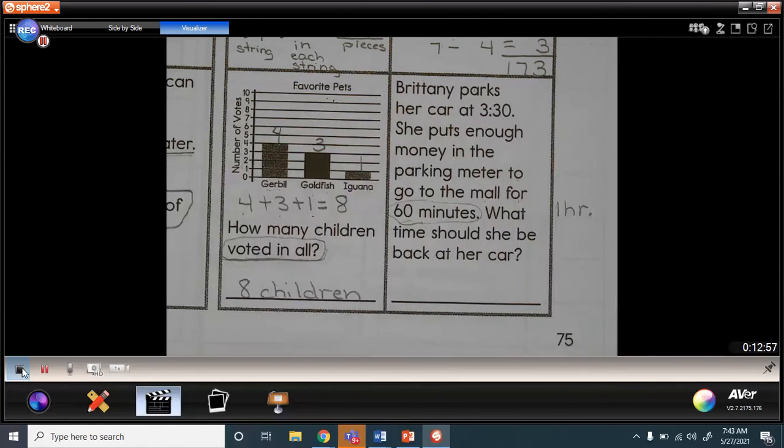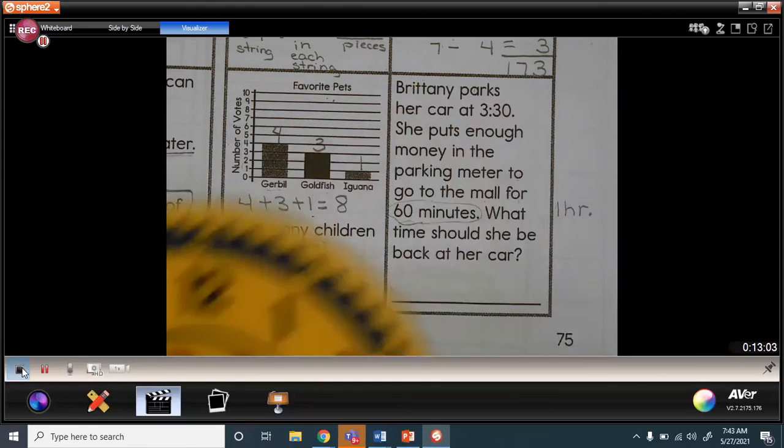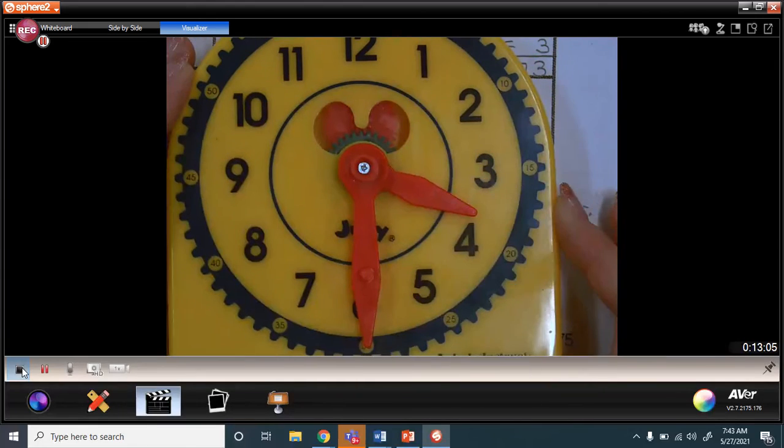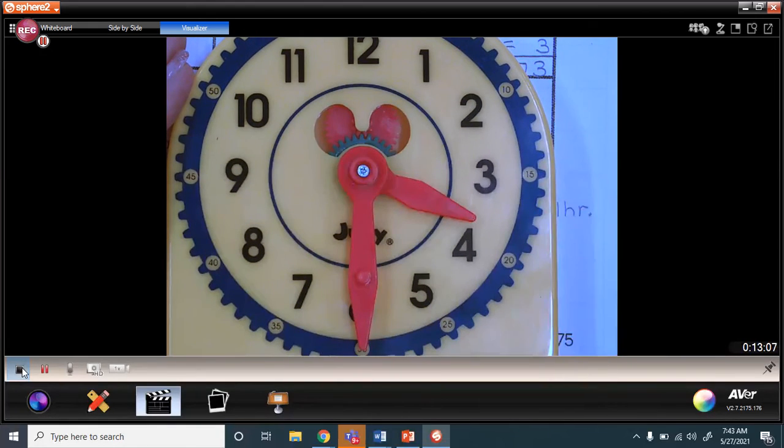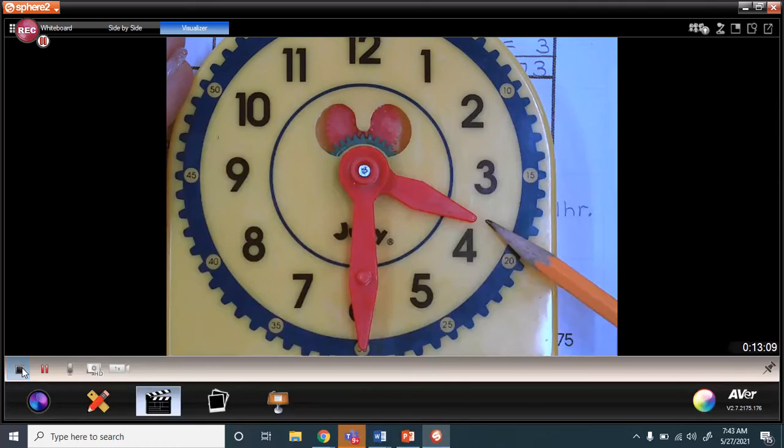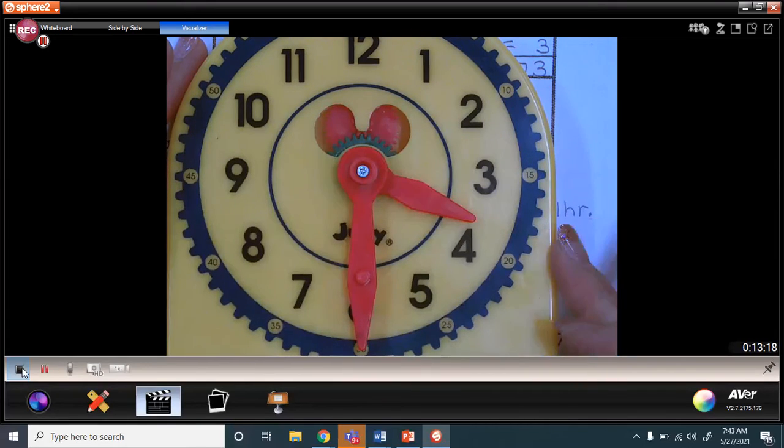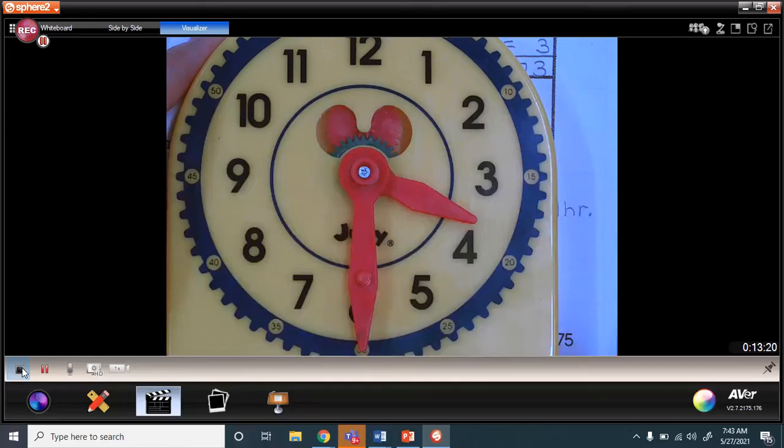Well, I have my handy dandy clock here, and I'm going to show what it looks like at 3:30. So here's 3:30 on our clock, and you'll notice that the hour hand is between the 3 and the 4, and the minute hand is pointing directly at the 6. That is 3:30. Now, remember, 1 hour is 1 complete turn of the minute hand around the clock.